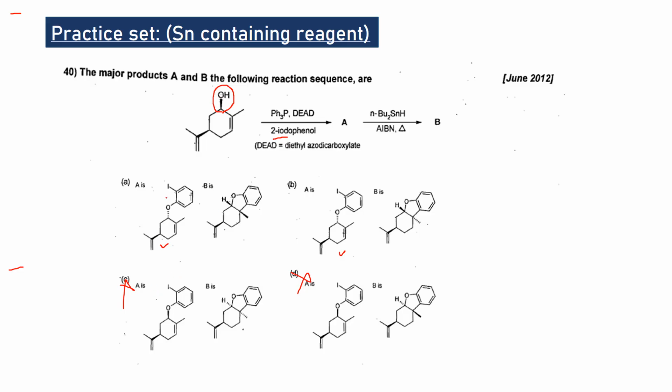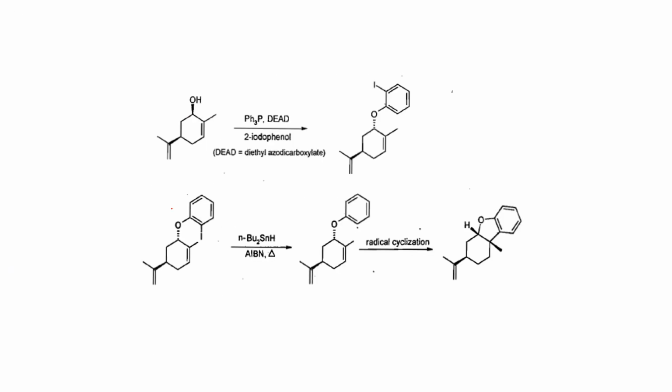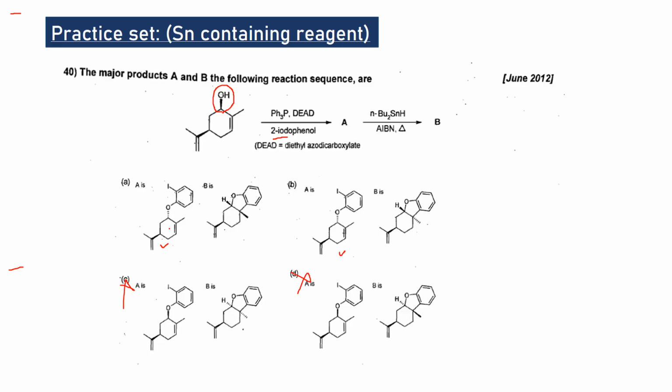As this group is already below the plane, to the newly formed bond here there will be a rotation, and in presence of Bu3SnH there will be a generation of radical here.